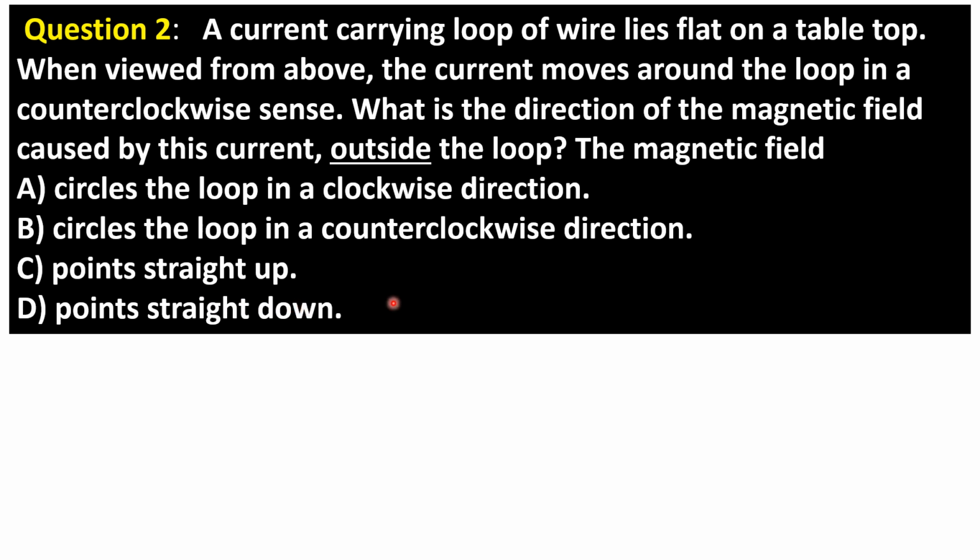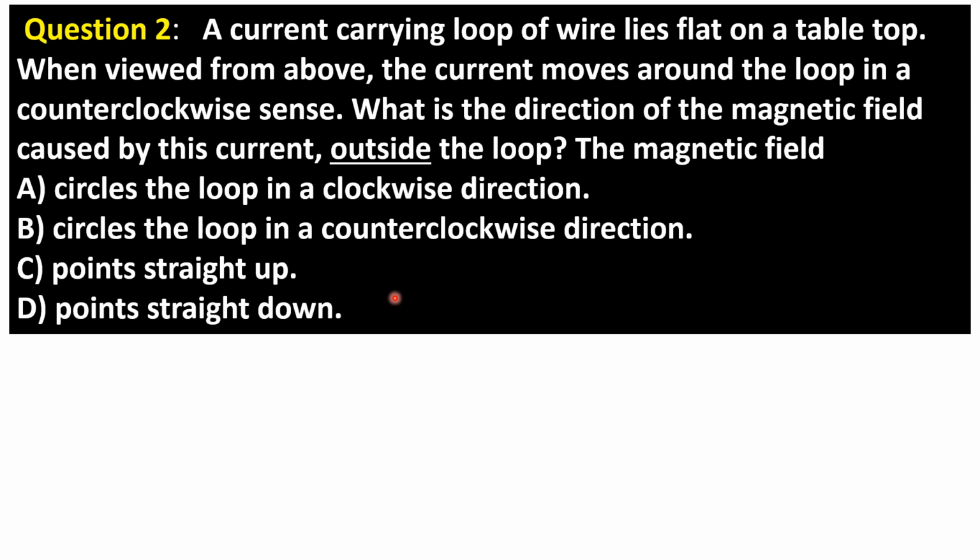All right, so this again requires us to use the concept of Oersted's experiment. But this time, instead of describing a current carrying conductor to be straight, it is now a loop, a circular loop.